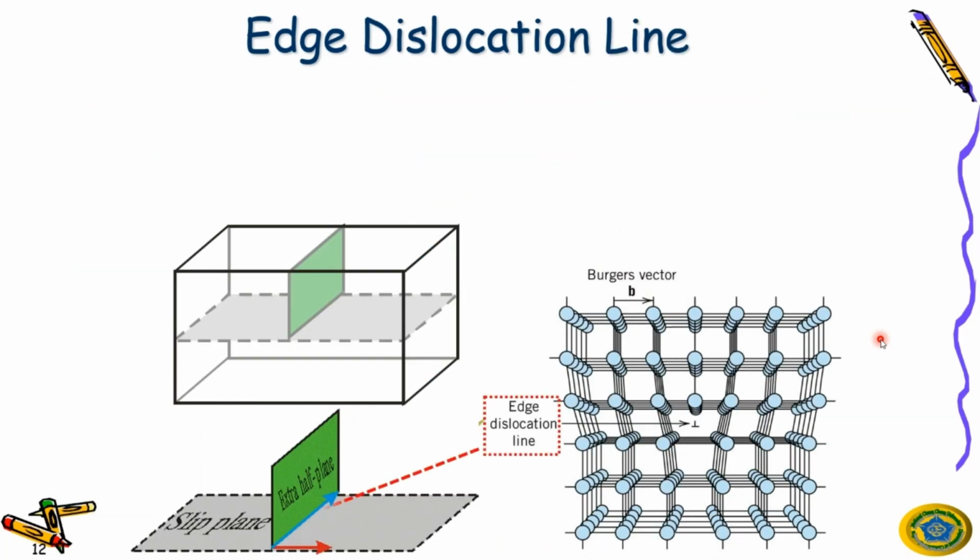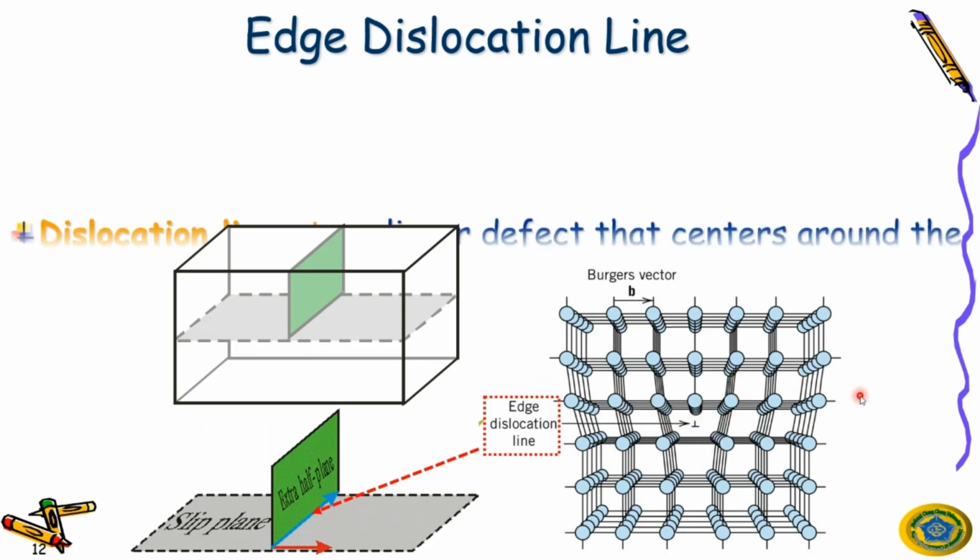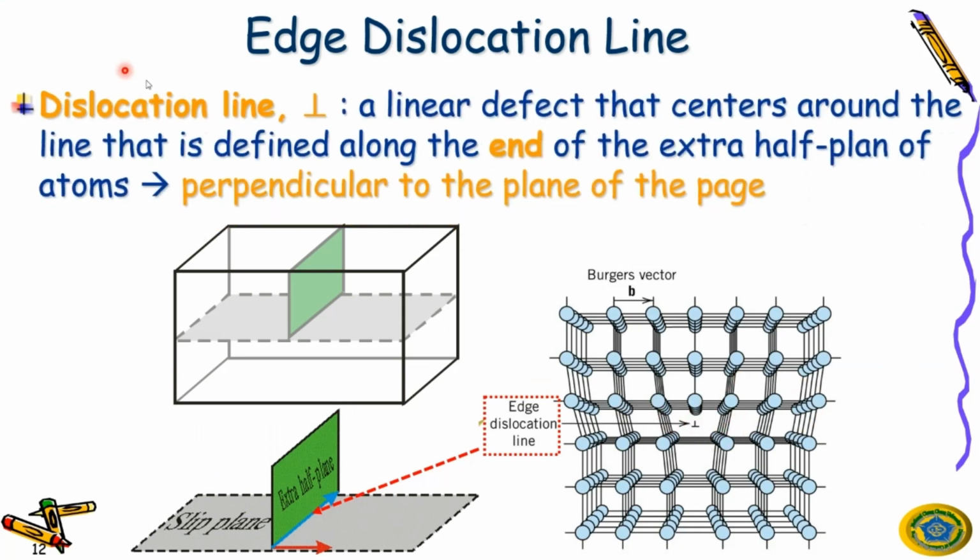So this is called the edge dislocation line, and we have a symbol like this. The edge dislocation line is perpendicular to this plane, to this slide. The dislocation symbol represents a linear defect that centers around the line defined along the extra half plane of atoms.